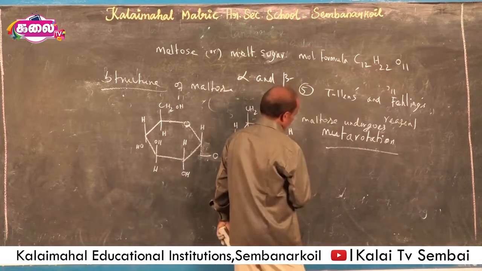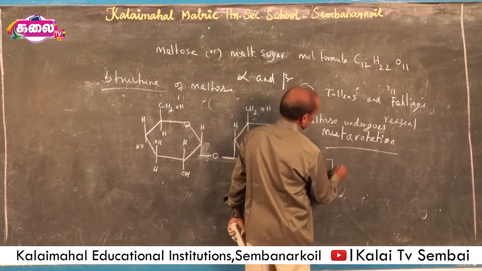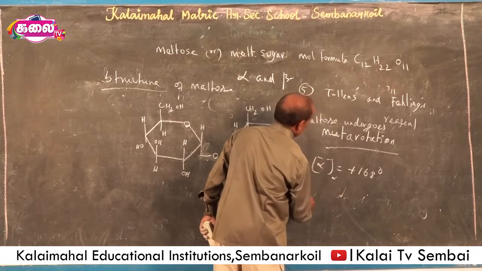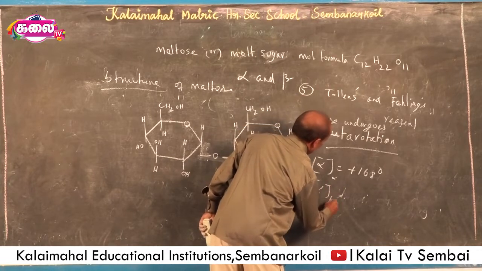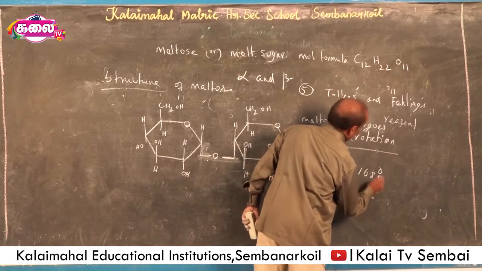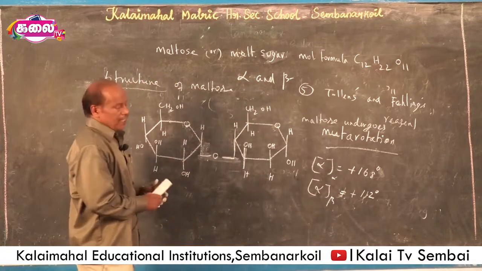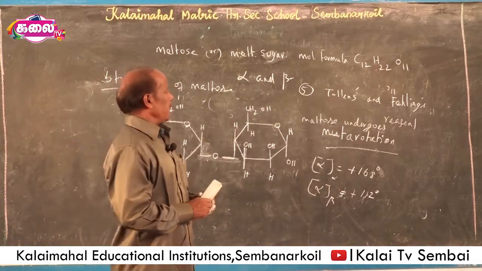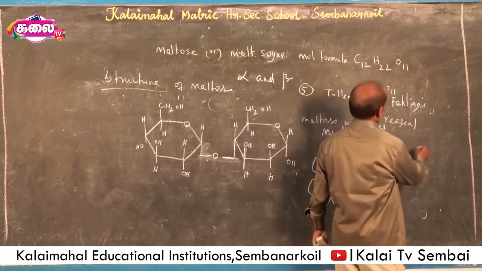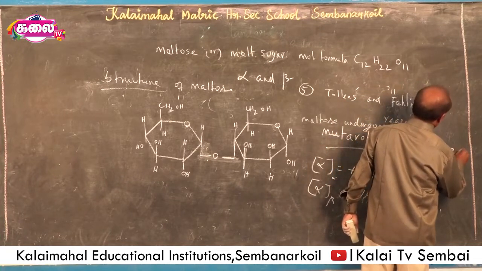Alpha maltose has a specific rotation of plus 168 degrees, whereas the specific rotation of the beta form is plus 112 degrees. At equilibrium, the aqueous solution of maltose has a specific rotation of plus 138 degrees.